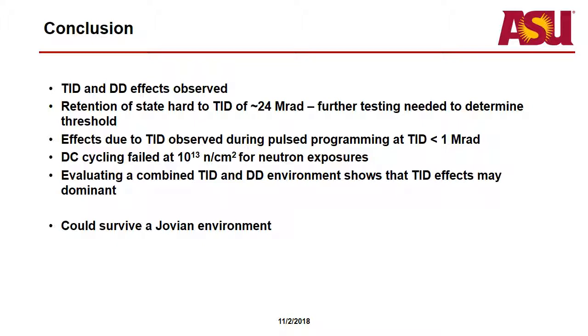And so in conclusion, depending on how they're used, if you use them with slow pulses or do an IV sweep, or use them in such a way where you're only having to read from them so you can retain state, then they're good for a Jovian environment. Unfortunately, if you do want to use them for fast programming for neuromorphic applications, these would not be able to survive a Jovian environment.